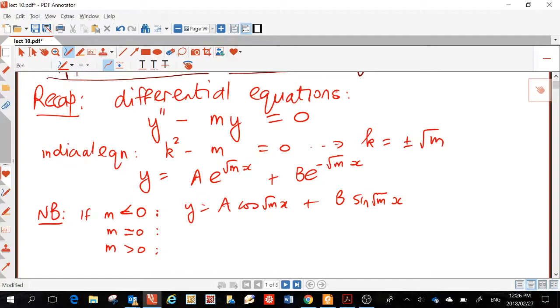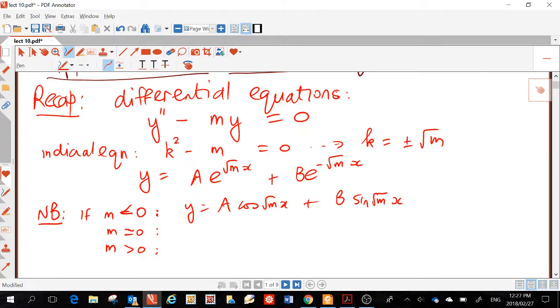What happens if m is positive? Now you can leave it as it is because e to the root m is acceptable, like e to the root 3 x and so on, it's fine. But recall e to the x plus e to the minus x over 2. What does that give you? What's another characterization of e to the x plus e to the minus x over 2? What's that?